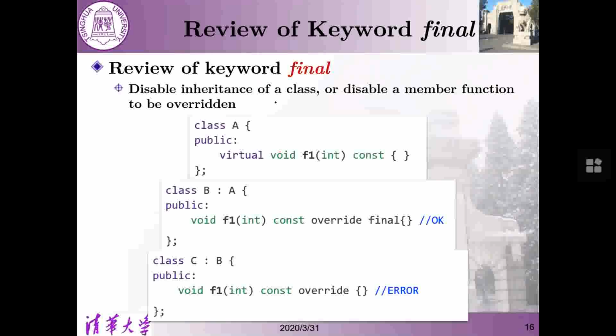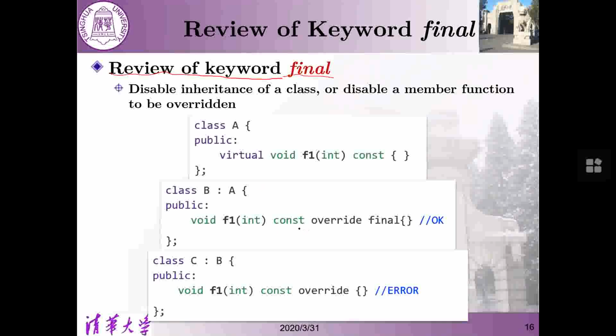Then final can be used in combination with override. We already learned final before, so this is a review of final. It disables inheritance of a class or disables a member function from being overridden.